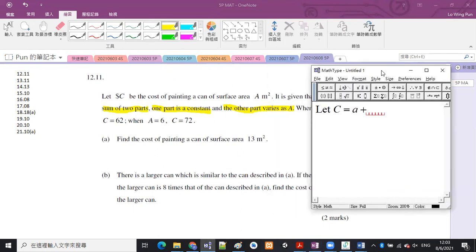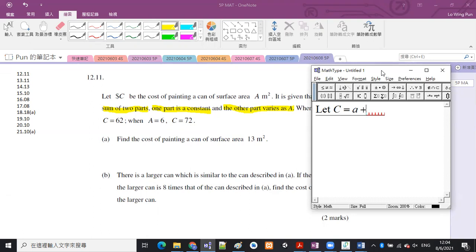Capital A. So don't forget that we just have 2 types of variation. Either varies directly or varies inversely. If it is directly, then you just let another unknown b to multiply. That's b times A. If this varies inversely as A, then this A will be in the denominator.